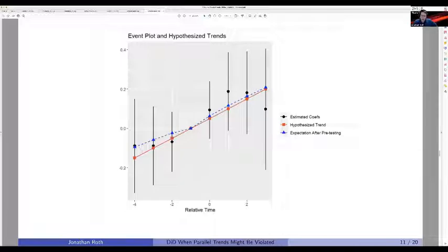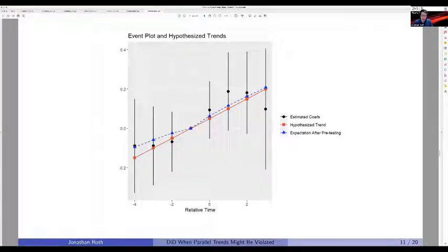So here I have that same He and Wong event study plot, but I've now superimposed a straight line through that plot with the red squares here, so that you can see that we could really explain all of this pattern with a smooth curve that goes through all of the confidence intervals.